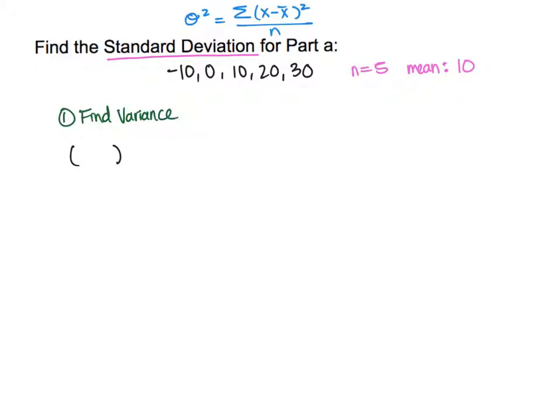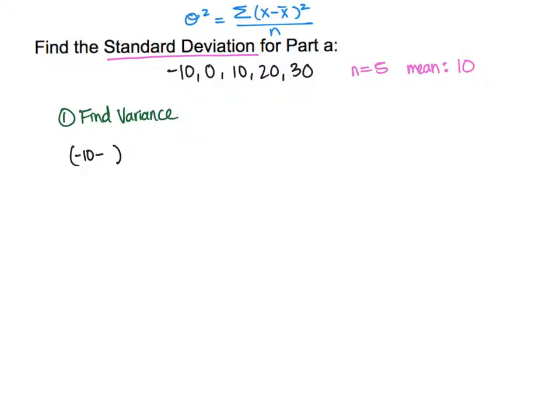Well, here I have 5 terms. So I'm going to start with the first term in my list, which is -10. That there is a value on my list, and I'm going to plug it in for the x. So that means I have a -10 minus, because there's a minus sign here, and this symbol here, the x with the line above it, is the mean. Well, what is the mean for this list? It's 10.